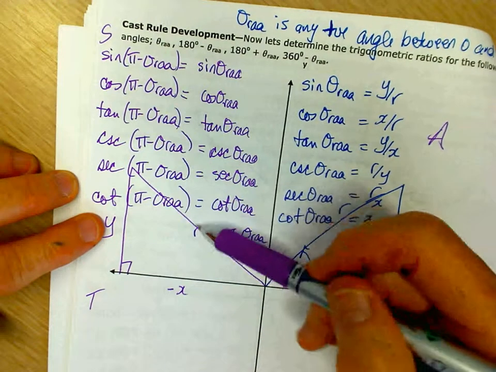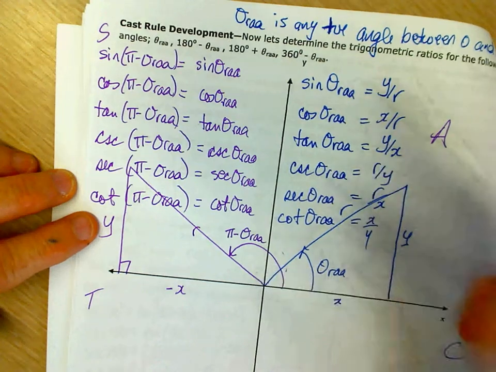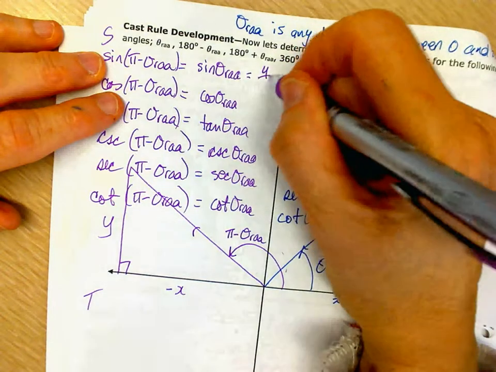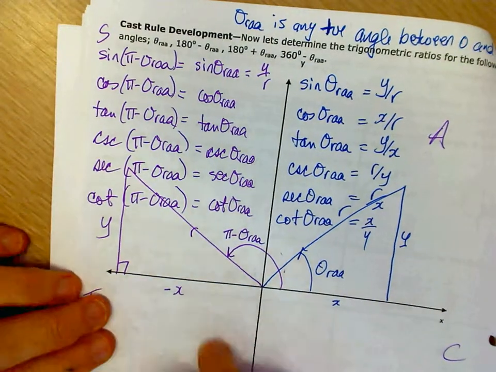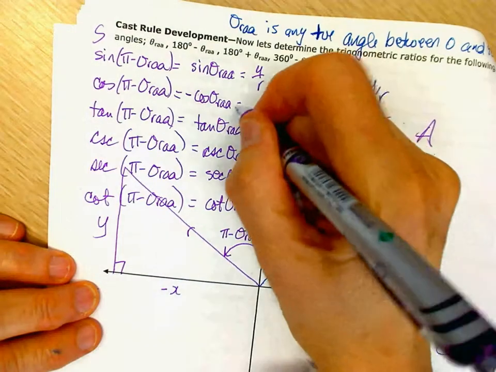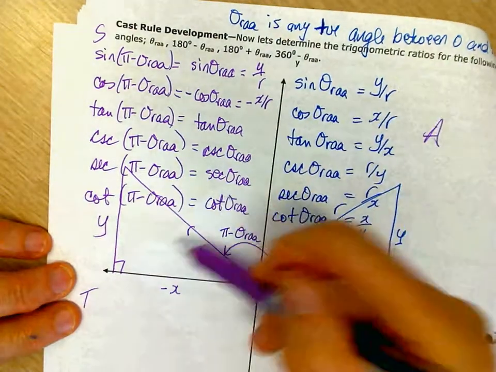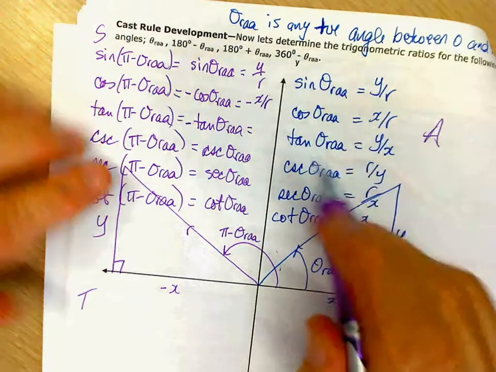So sine theta will equal y over r. Now here, cos is negative, so it'll be negative x over r. Tan here is negative, so it'll be negative y over x.